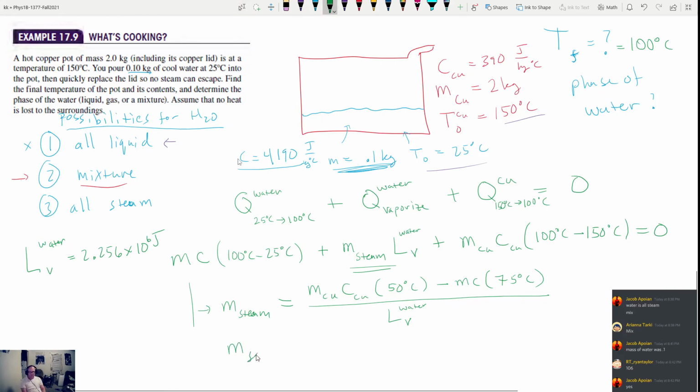So the mass of steam that we end up with here is 0.0033 kilograms, which would be about 3.3 grams of steam. And then the rest is liquid water, and the final temperature is this.